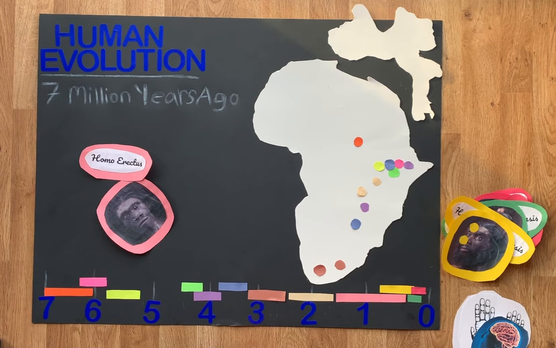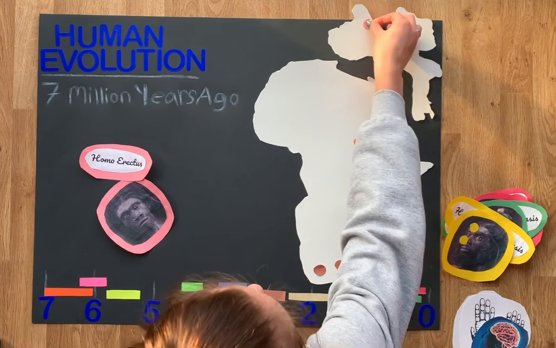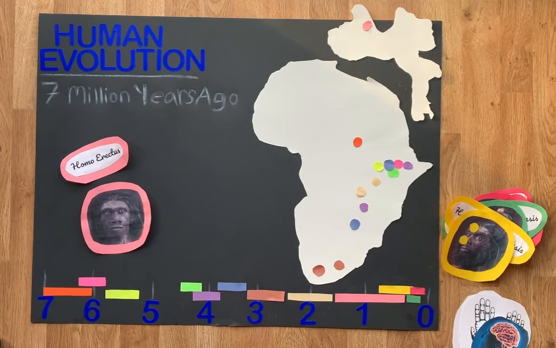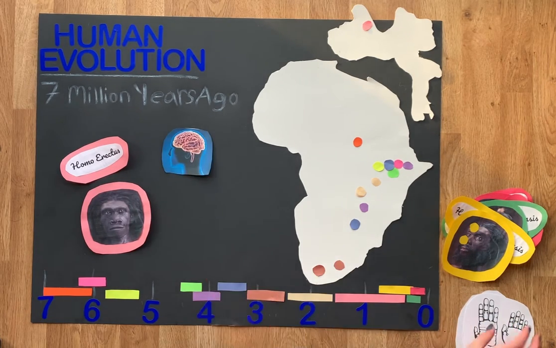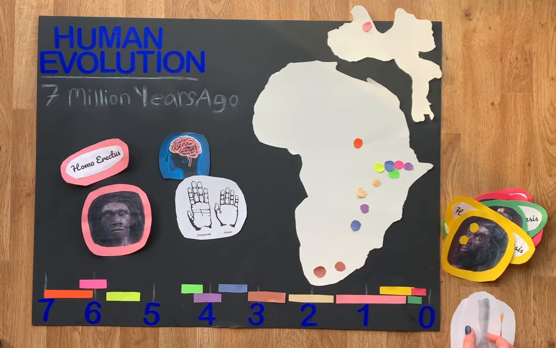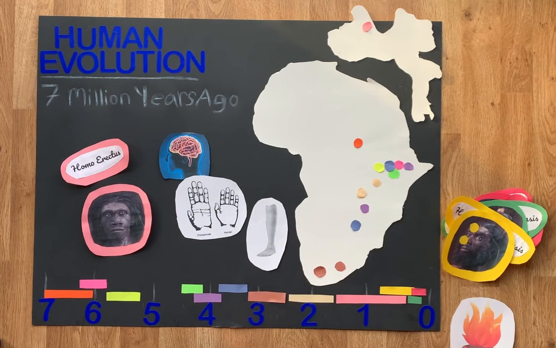Now, about 2 million years ago, Homo erectus became the first hominin to migrate out of Africa. Now, Homo erectus had human-like traits. They evolved the large brain, and then they also evolved dexterous fingers and very long legs.